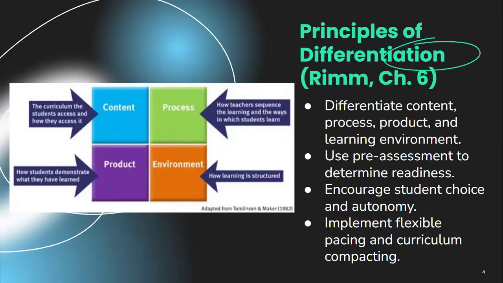We might adjust the content by offering advanced reading materials. We might change the process by providing independent study options. We might modify the product through creative demonstrations of learning. Or we might alter the environment by fostering collaboration and intellectual risk taking.